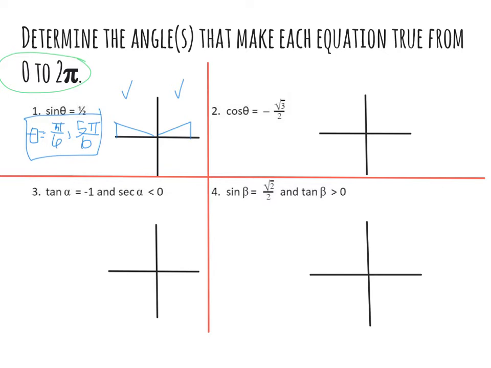We'll apply the same thinking to number 2, but this time let's take a look at a different trig function and also some negative values. So we're looking at cosine for this one, which is going to focus on the x coordinates. Because the output is negative, I need to think about what two quadrants produce negative x's, and that's the second and the third quadrant. So I'm going to have different places where my triangles occur.